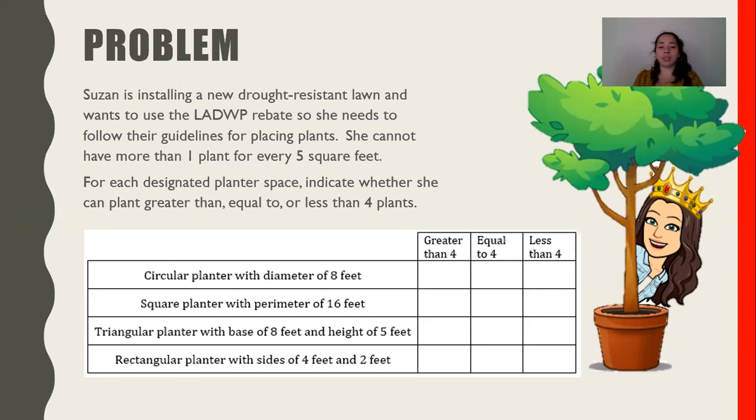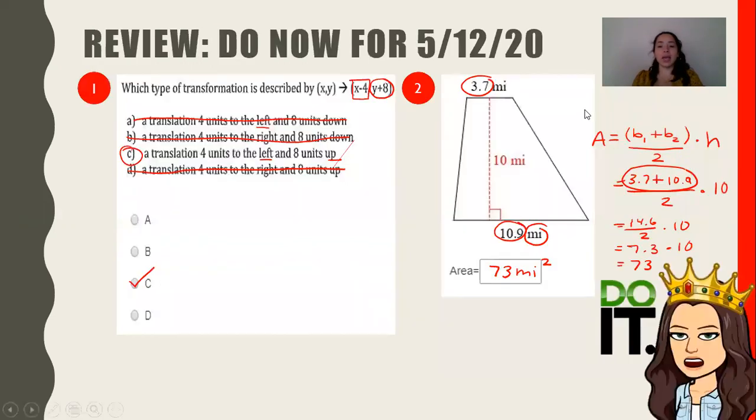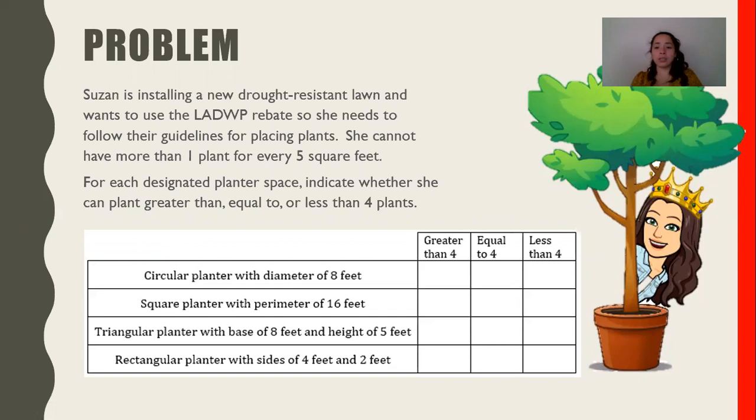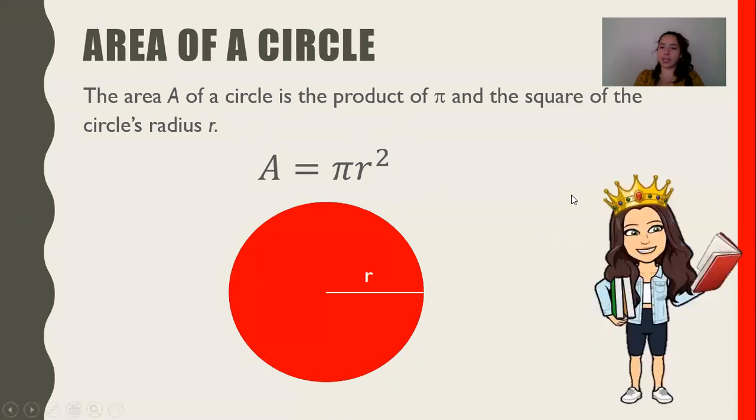What we need to figure out is whether for each type of planter, she can plant more than 4 plants, less than 4 plants, or exactly 4 plants. And this is a problem we'll come back to after we look at this.